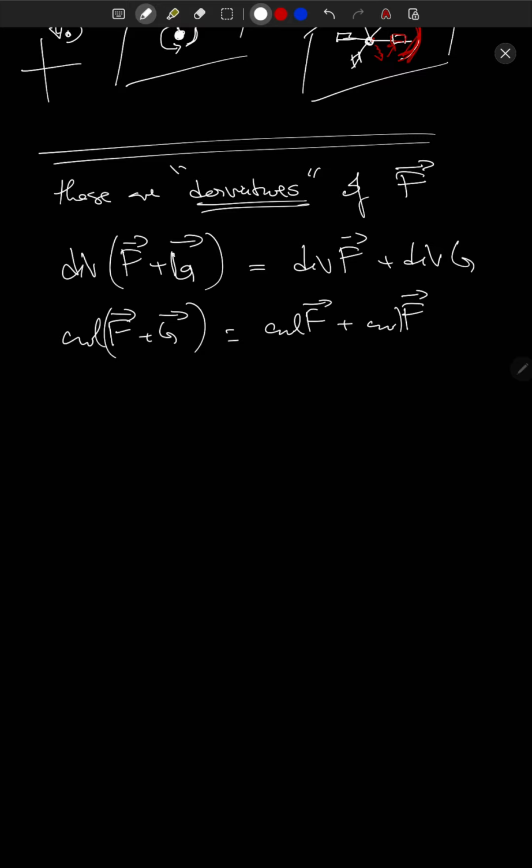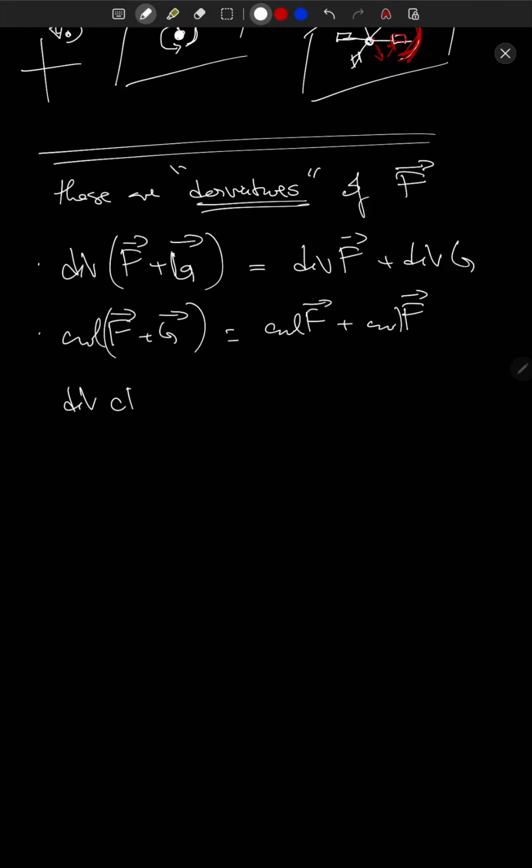Literally nothing fancy going on here. If you have two functions in one variable calculus, the derivative of f plus g is f prime plus g prime. So basically, the same properties are mirrored with both the divergence and the curl.